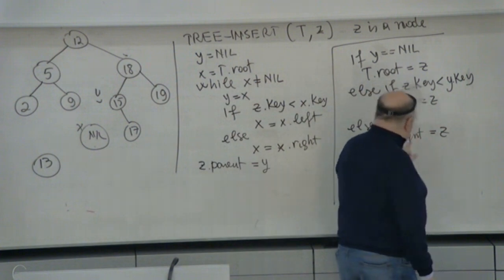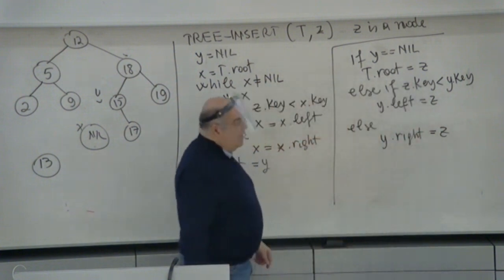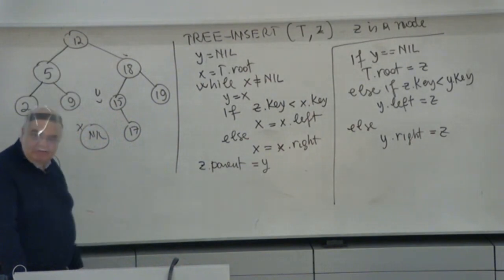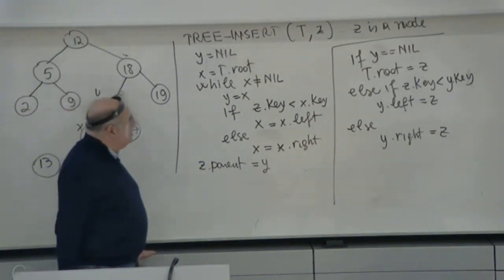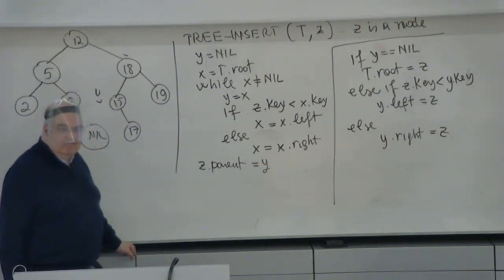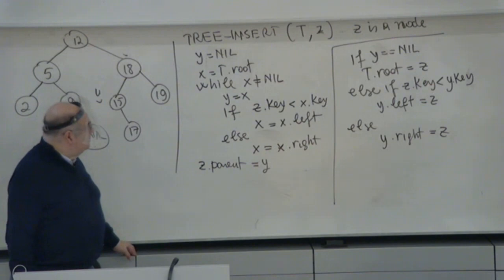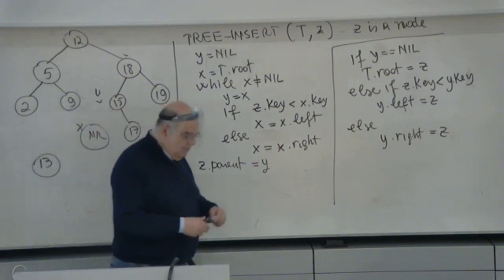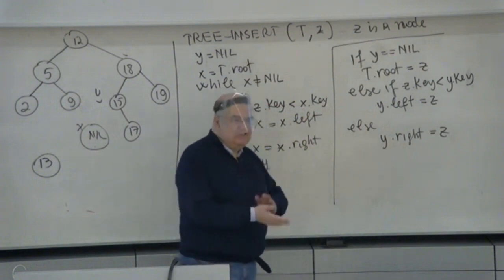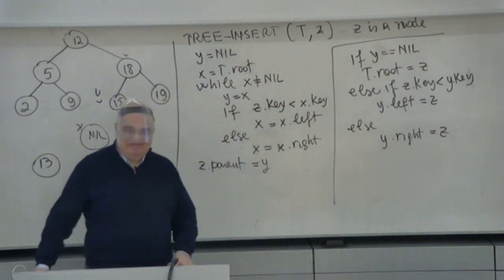So you do it again, and then you place Z in the right place. Okay, and that is the working of insertion, tree insert. Playing with pointers is very interesting.